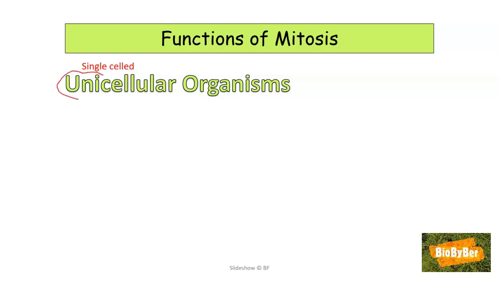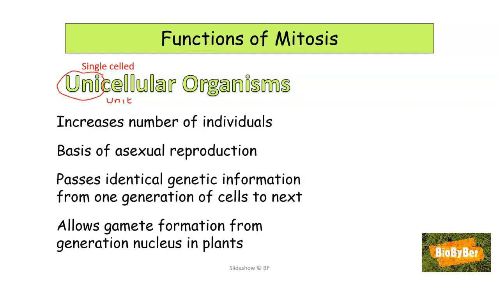You can see uni here, meaning unit, a single unit or an organism that's one cell in size. Now, mitosis will increase the number of individuals if we're talking about unicellular organisms. A lot of unicellular organisms like bacteria, yeast and amoeba divide and reproduce by mitosis.